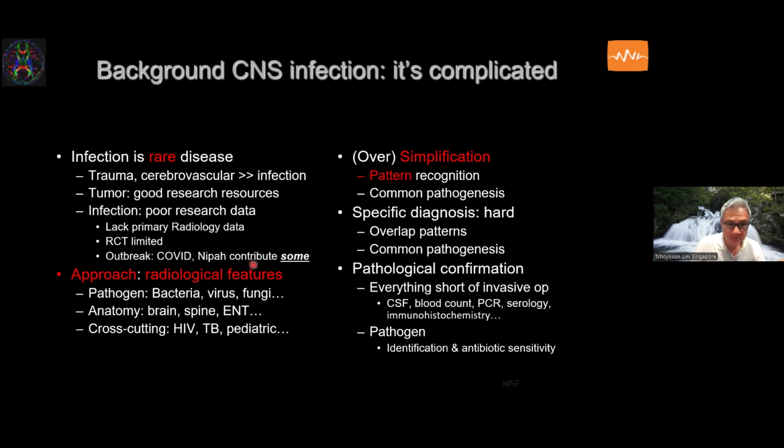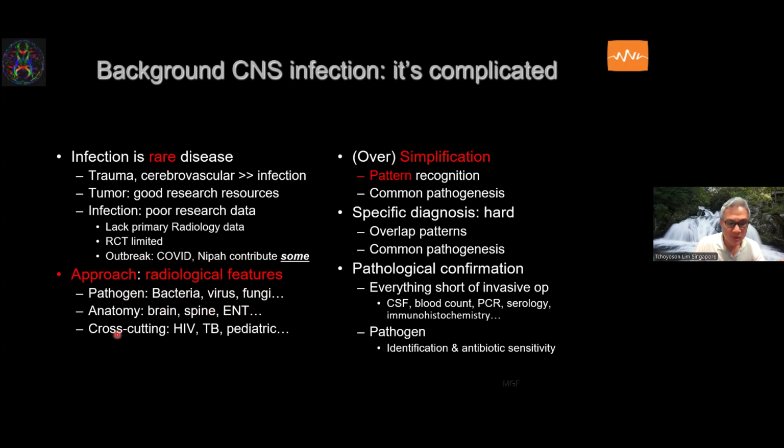So the approach that radiologists can use includes the textbook approach according to the pathogen. We divide the infectious agents into bacteria, viruses, and fungi. We can also divide by anatomical regions, where we scan the brain, the spine, the head and neck, and the ENT region.